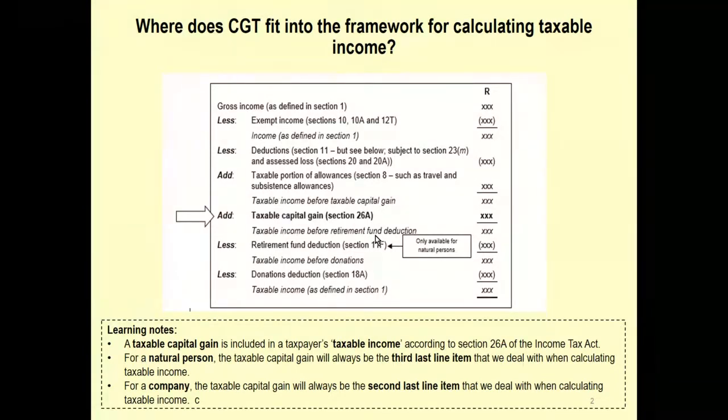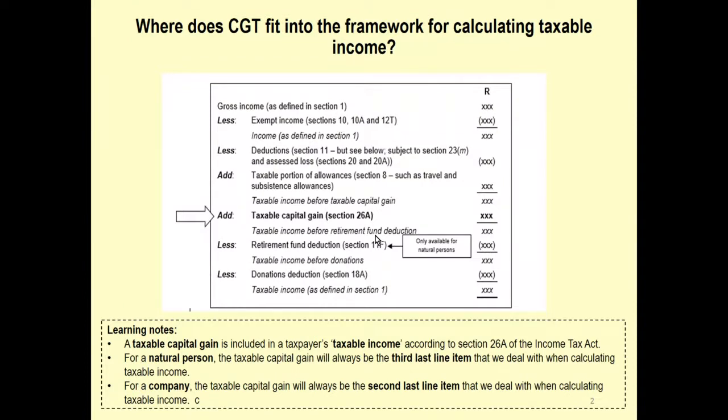So capital gains tax is not a separate tax in the sense that it forms part of our normal tax calculation, but we have a different set of rules when we start calculating a capital gain or a capital loss.